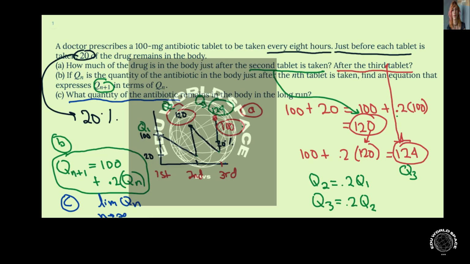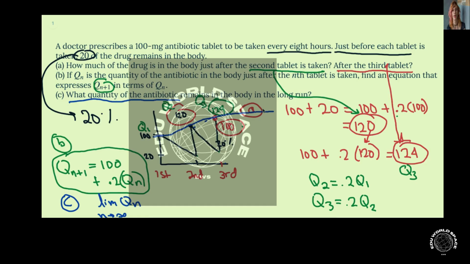Here we had 100, then it jumped all the way to 120, but then it doesn't jump quite as high to 124. So maybe this dosage is not going to infinity. It's probably going to just level off somewhere. You had a big jump, then it slows down, and it's just going to continue to slow down.